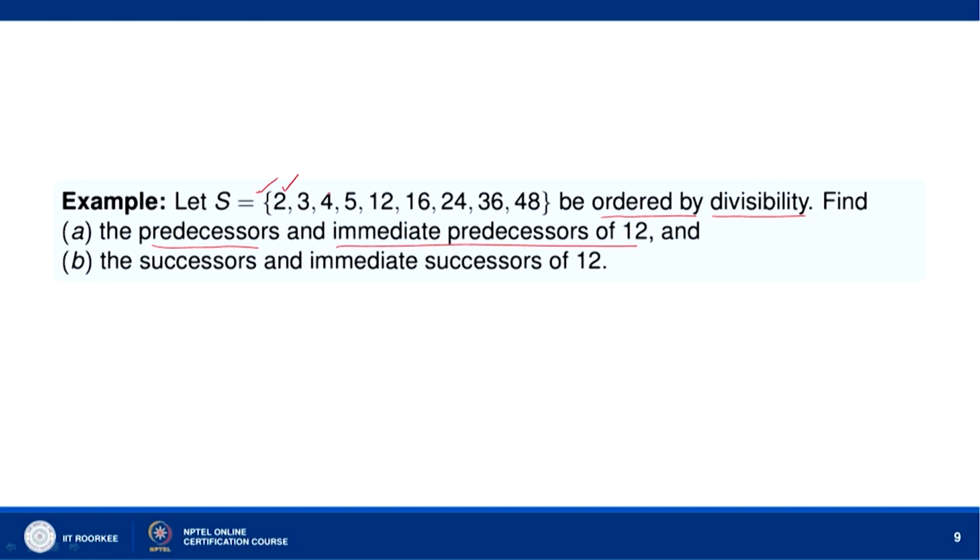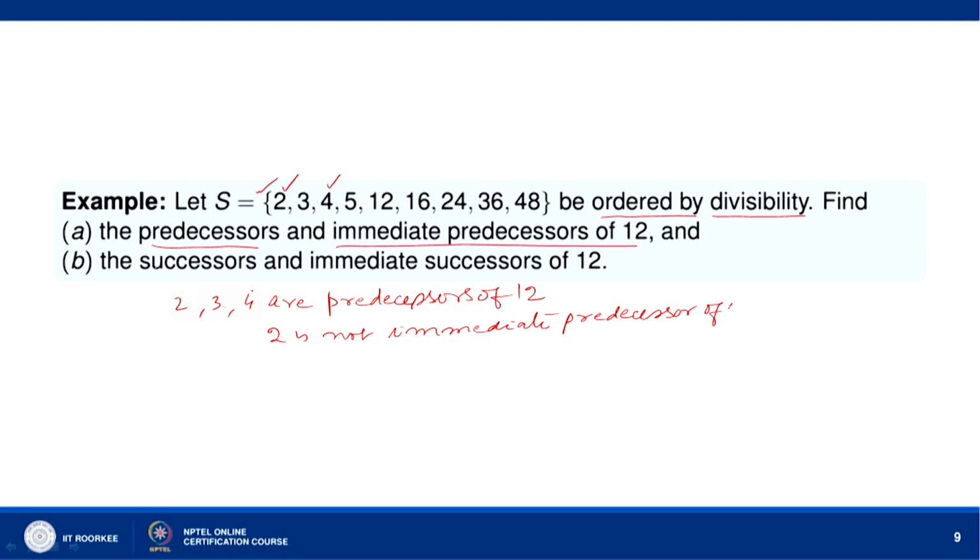So, 2 and 4 divide 12, and are predecessors of 12. Now, 2 is not an immediate predecessor of 12, because 2 divides 4, and 4 divides 12.